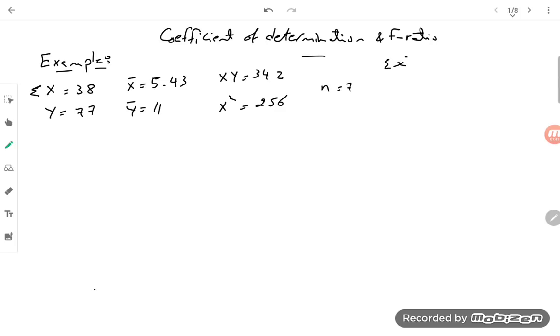Summation small x squared equals 49.7 and summation e squared equals 11.82. Required: number 1, estimate the parameters.